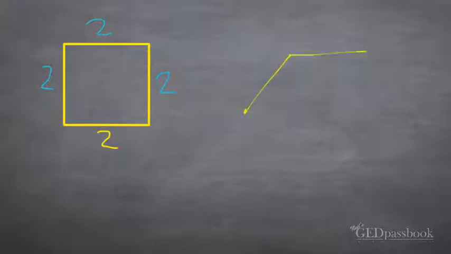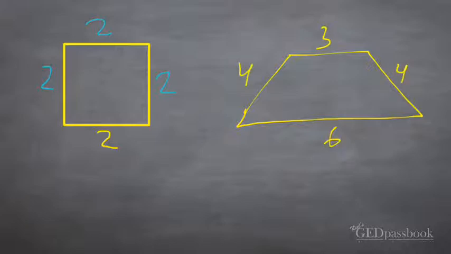Let's say we're given the famous trapezoid. We're given 3 there, 6, 4, 4. Somebody tell me the perimeter of this trapezoid. Well, 4 plus 4 is 8, plus 3 is 11, plus 6 is 17.